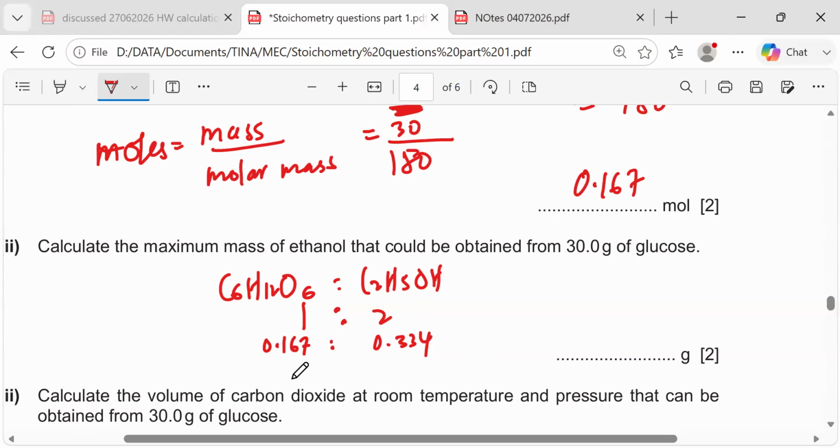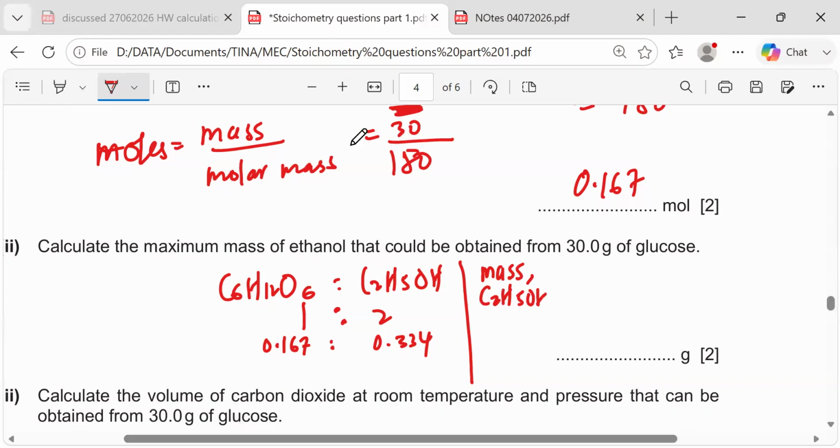Get it? Okay, so this is the amount of moles. 0.167 mole of glucose gives me 0.334 mole of ethanol. Get it? But are they asking you the mole of ethanol? No, they're asking you the mass of ethanol.